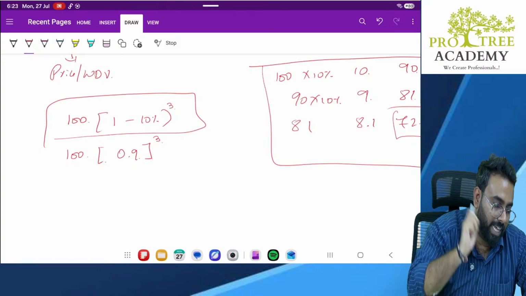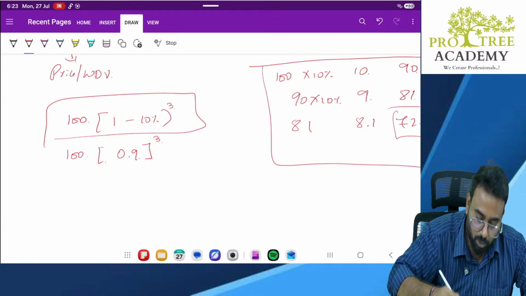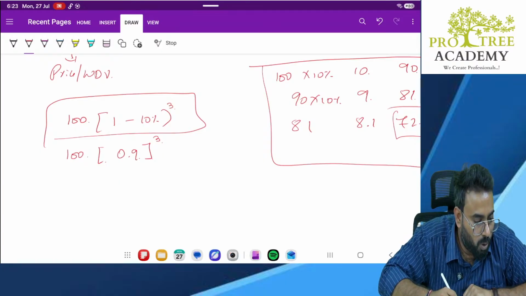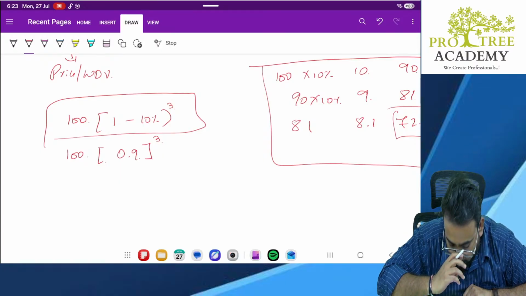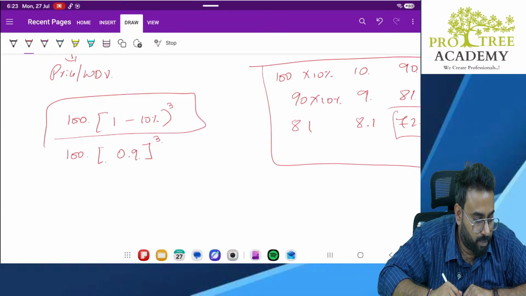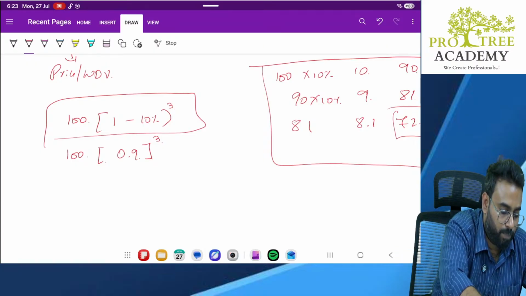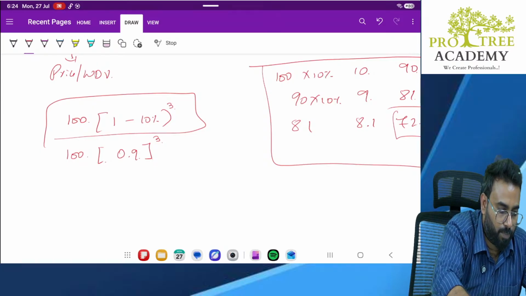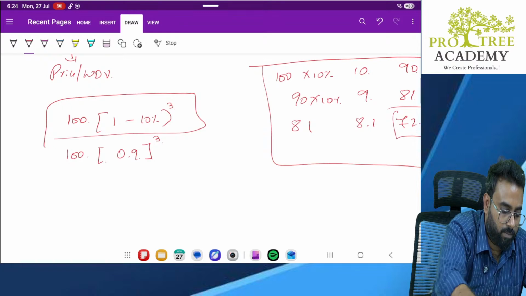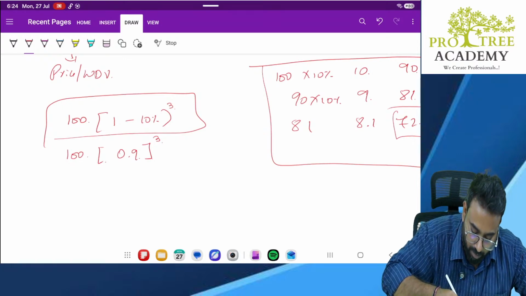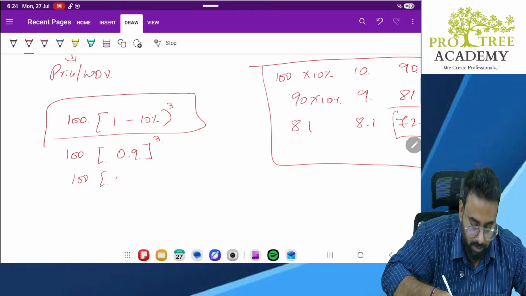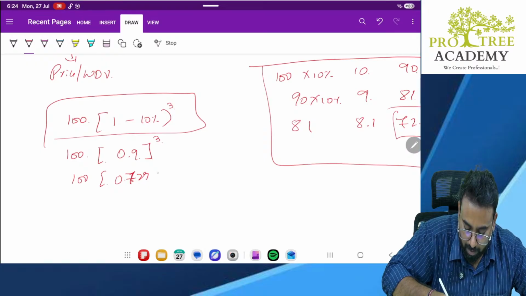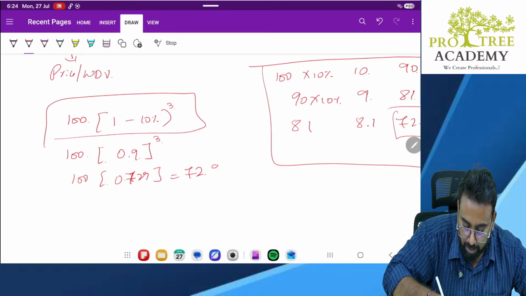Now, can you please calculate 0.9 raised to 3 in your calculator? Please do 0.9 into 0.9 into 0.9. You got the answer? 100 into 0.729 is nothing but 72.9.